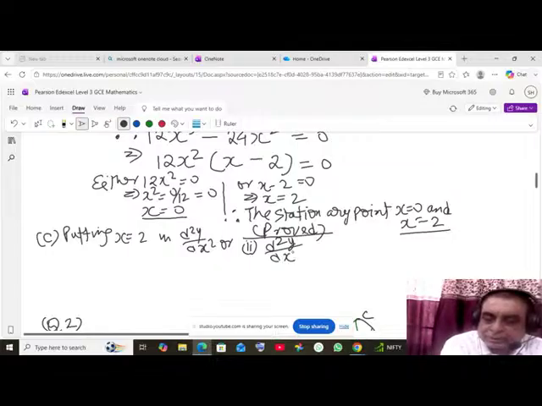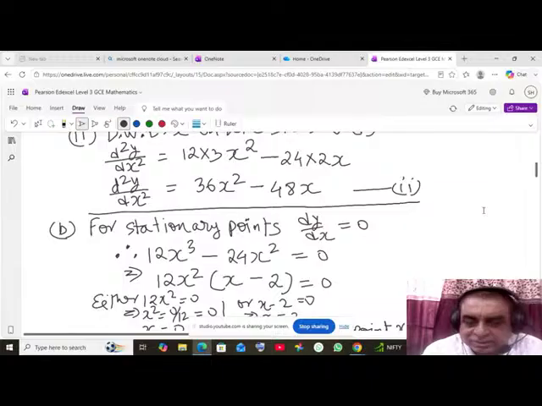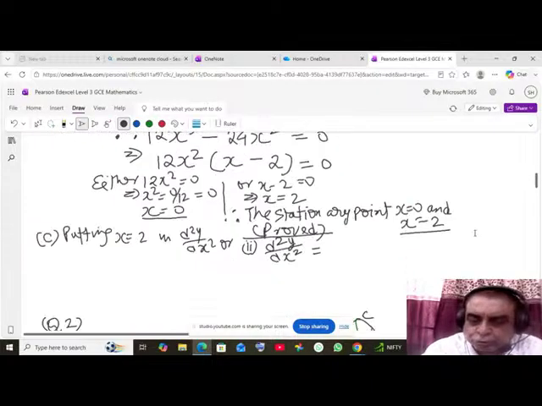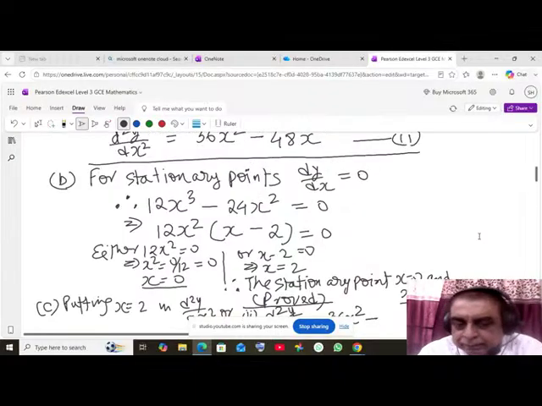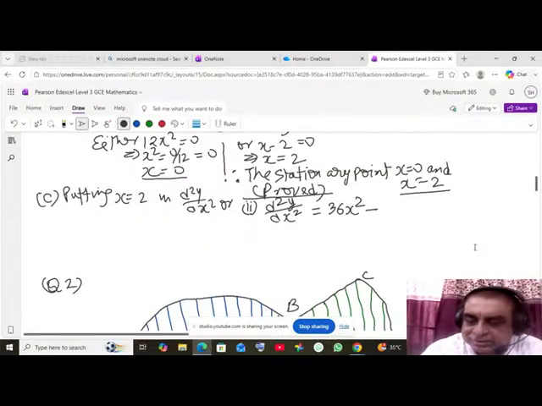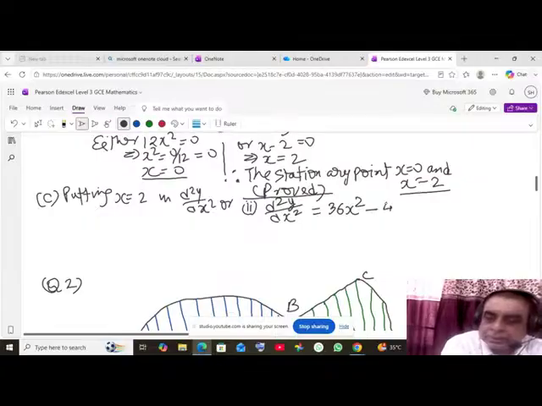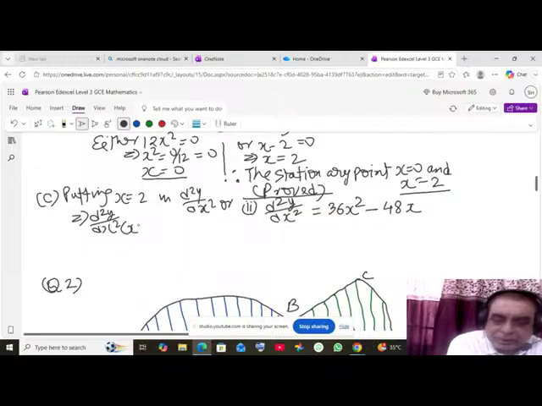So d squared y by dx squared is what? It is 36x squared minus 48x. So in this expression, you will put the value of x equals to 2.